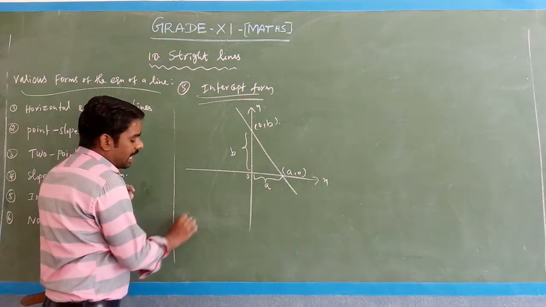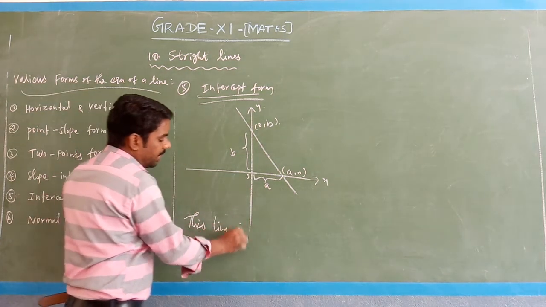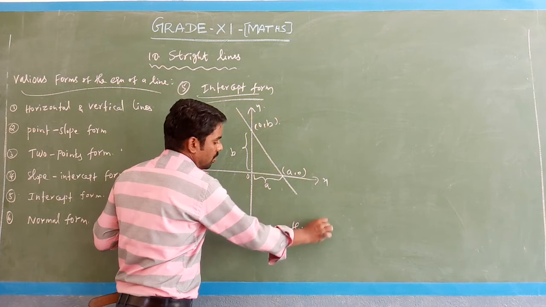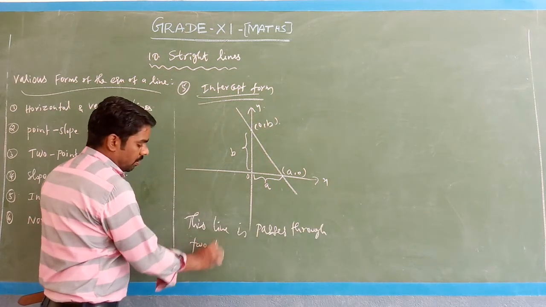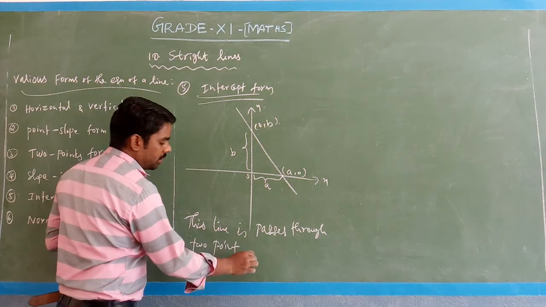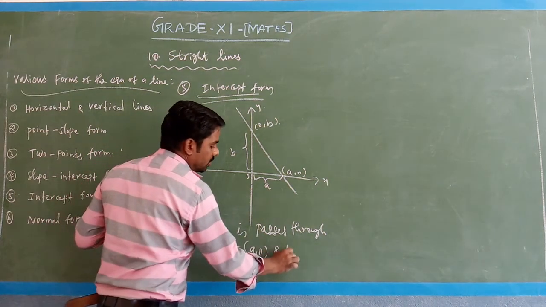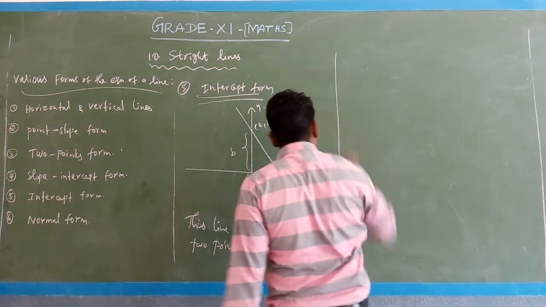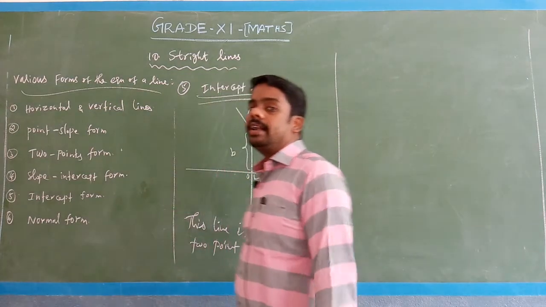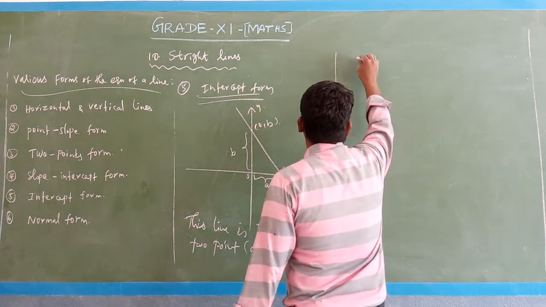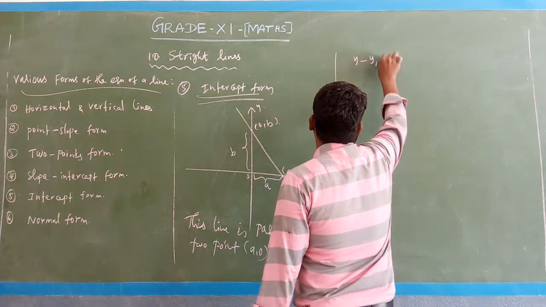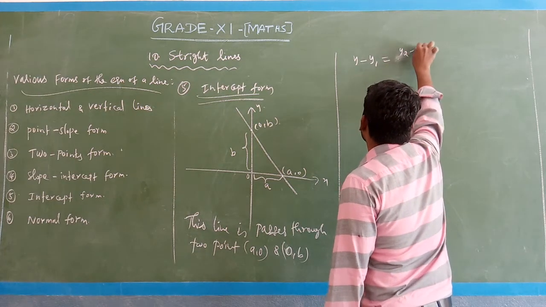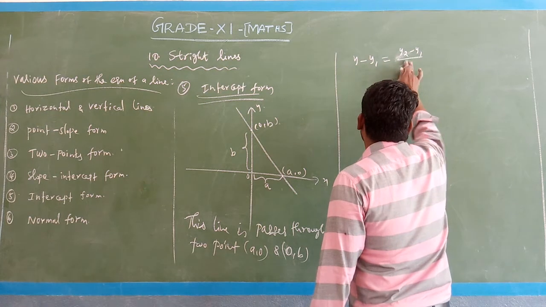So this line passes through two points, a comma 0 and 0 comma b. You know that the two-point formula is y minus y1 equals m into x minus x1, where m is y2 minus y1 divided by x2 minus x1.